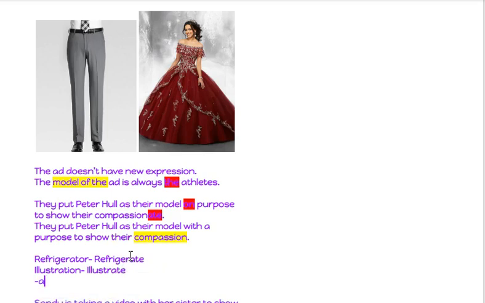You can change the last part of the noun into "ate". Refrigerator. Try to change the last letters to refrigerate.